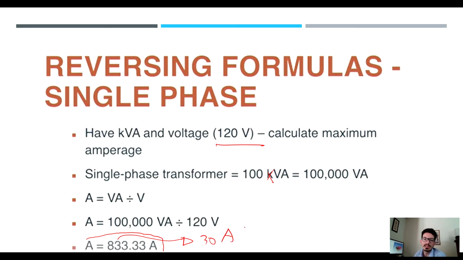That's how the sockets, wires, breakers and everything are designed to operate for safety reasons. So this obviously is an industrial application where the amperage is going all the way to 833 amps, which is a lot. In other words, this 100 kVA transformer allows you to use 833 amps at 120 volts.